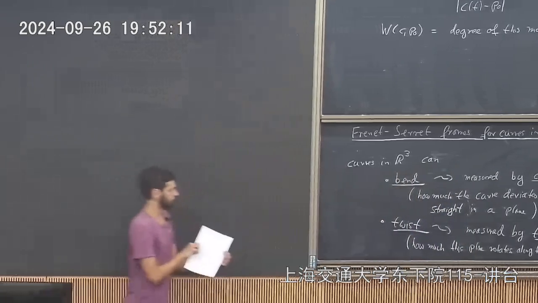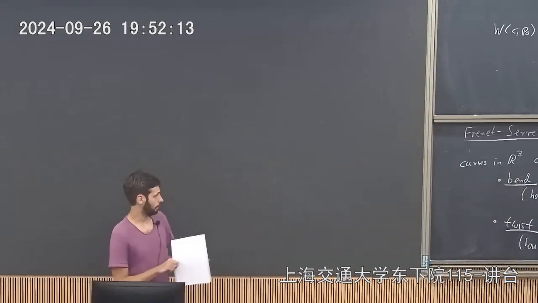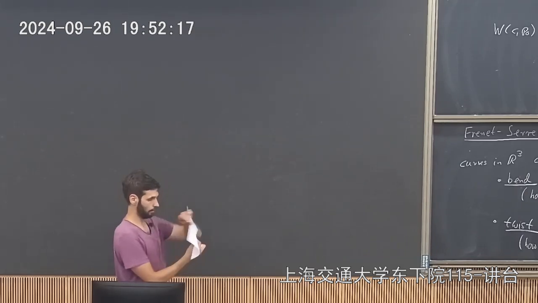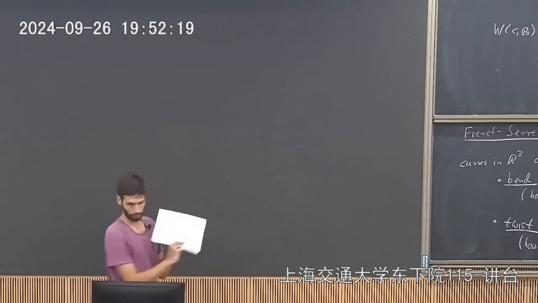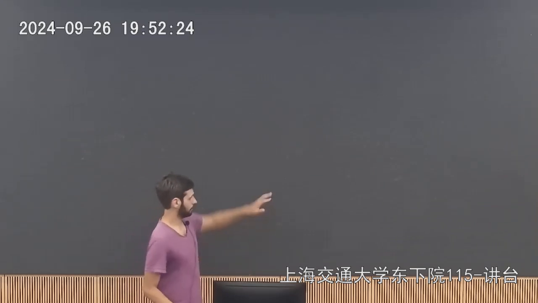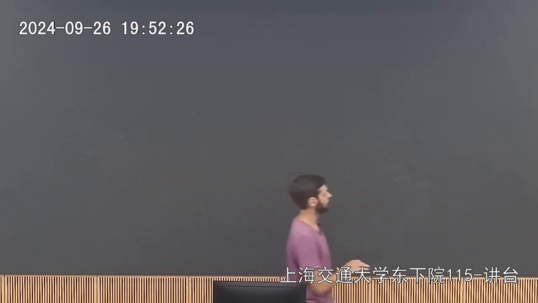We have an approximation in a certain plane that I will define also in a second, and the twisting will describe how much this plane changes and twists. So that's to give you a rough idea.